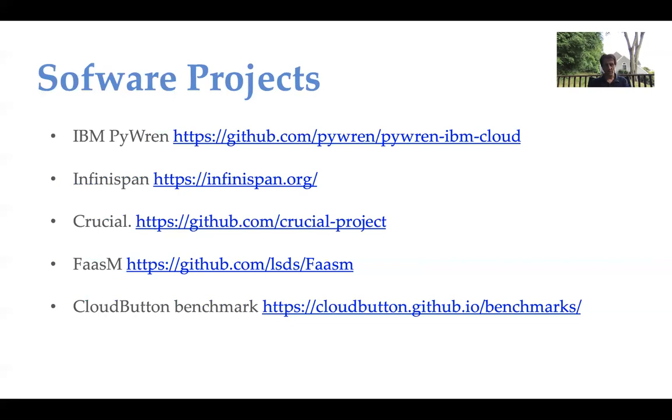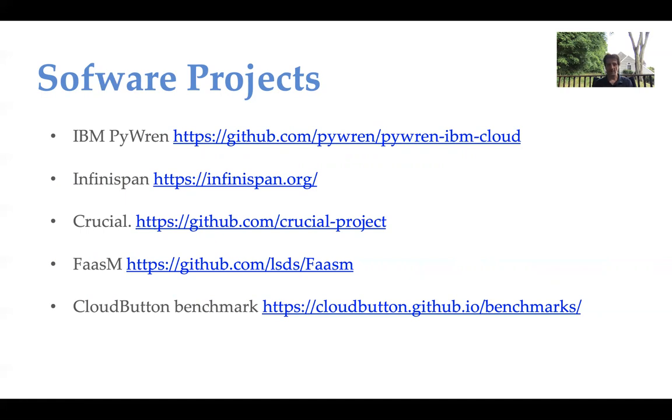We also have open source projects where you can see the results. And these are not research prototypes that are going to be abandoned in 2 years. Many of these projects are backed by commercial companies like IBM and Red Hat and have really lively communities and a lot of use cases from many third parties.